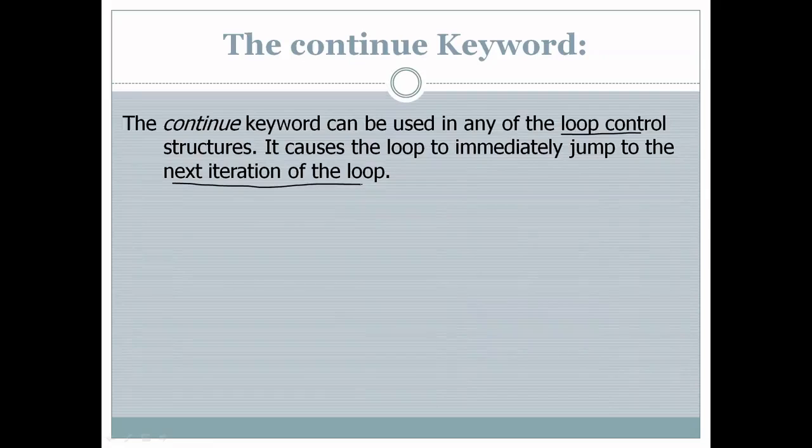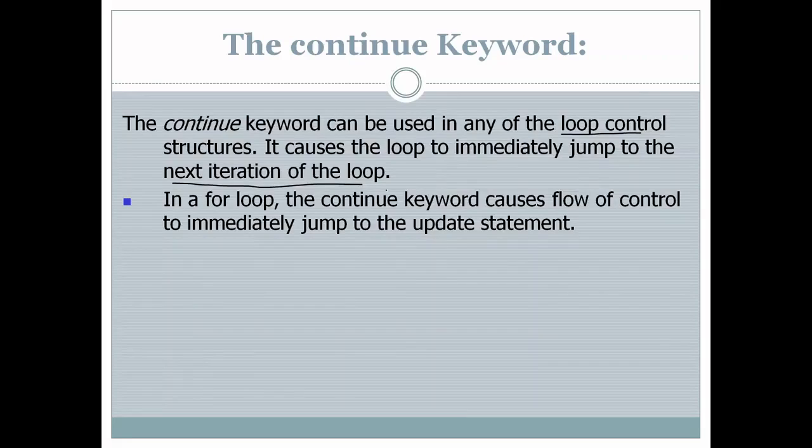When the continue statement is executed, it will simply skip the current iteration of the loop, and the control is directly transferred to the next iteration in the loop.